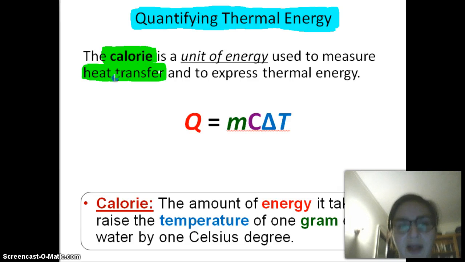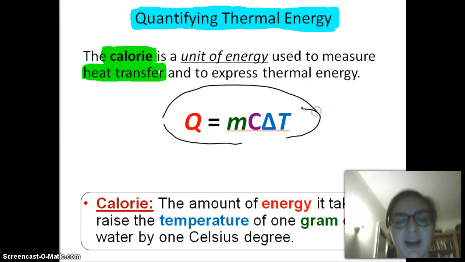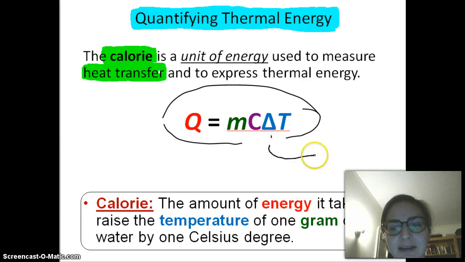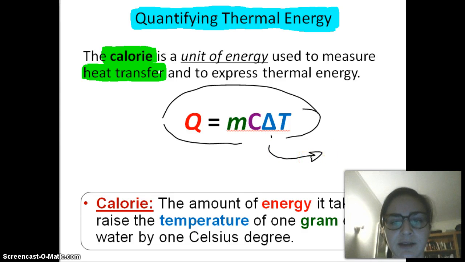And so our formula is right here. The way I would read this is Q equals MC delta T. This thing over here that looks like a triangle is actually the Greek letter delta.